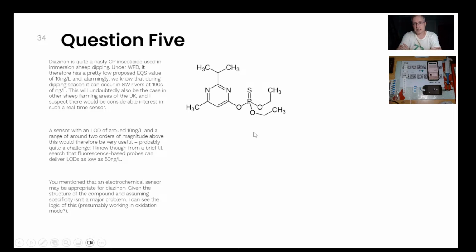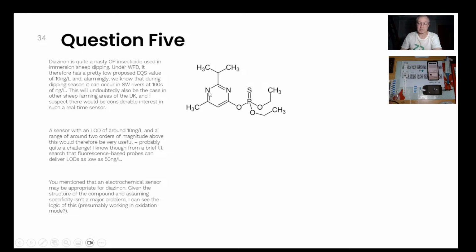The first thing is that people can do this, but I bring this up because if you want to know whether a molecule is intrinsically electrochemically active, look for an aromatic ring. This has an aromatic ring in it, and it's got some heteroatoms in it.